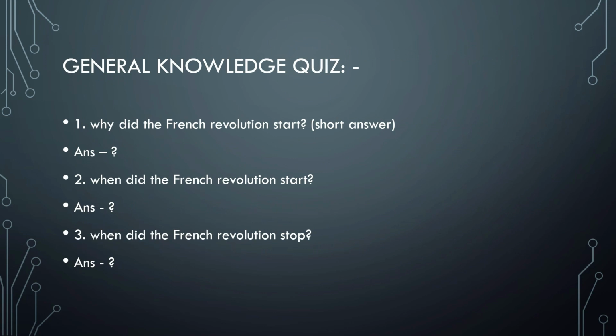Now, why did the French Revolution start? When did it start and when did it stop? These are small questions, and for the first question you can write an answer in 1 or 2 lines. If you want, you can write in 4 to 5 lines or write a para. It's on you.